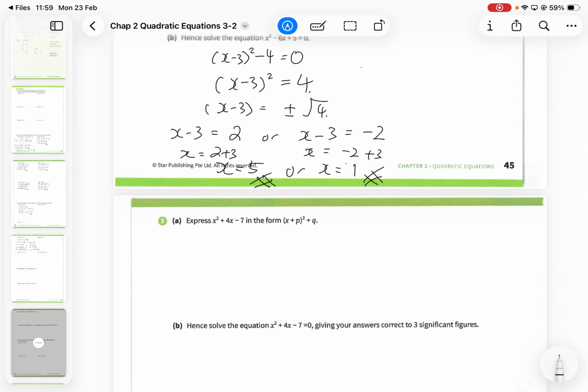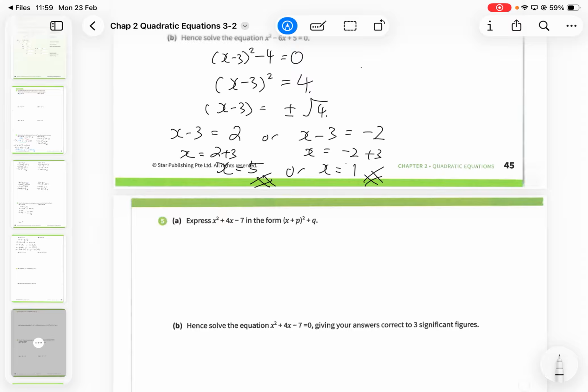Okay, then for part B, the left hand side, exactly the same. So instead of writing it like that, I write it like that. So I write the left hand side as x plus 2 square minus 11. Right hand side no change, still equals to 0. Then to solve this, easier already.